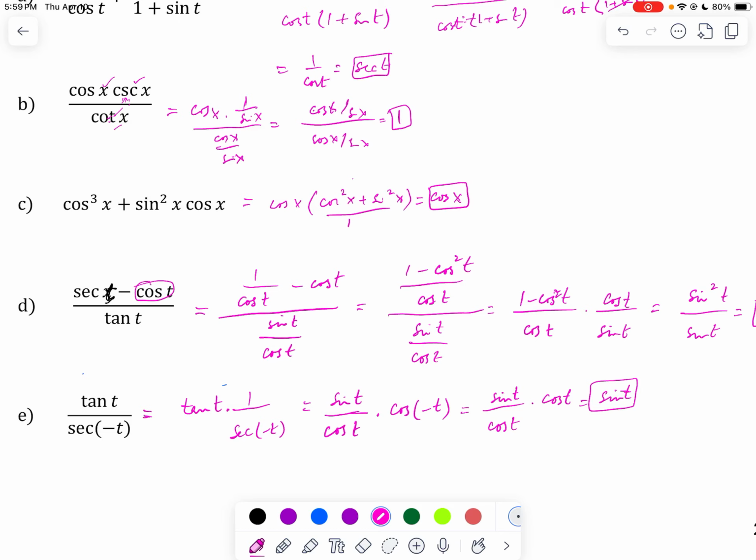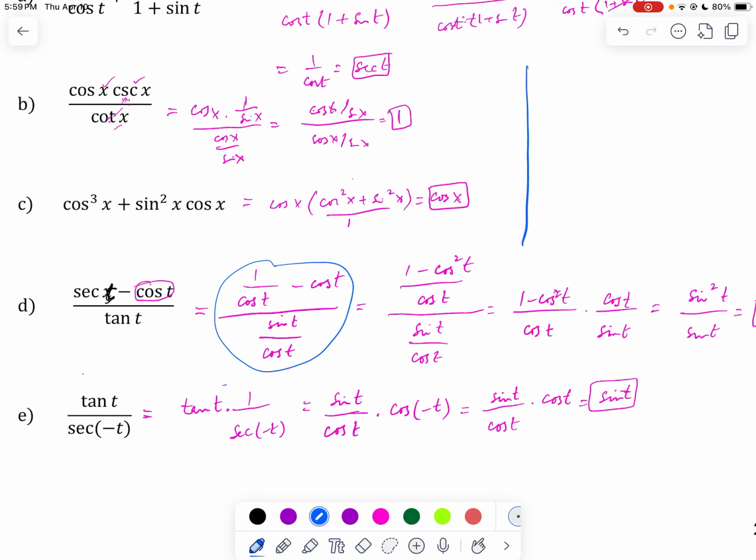Secant of t will be 1 over cosine of t. So the minus cosine of t, we keep it as it is, then divided by sine of t divided by cosine of t. So now, if you notice, this is a complex fraction. How do I solve it? There are several ways, two ways mainly, and you must have seen.